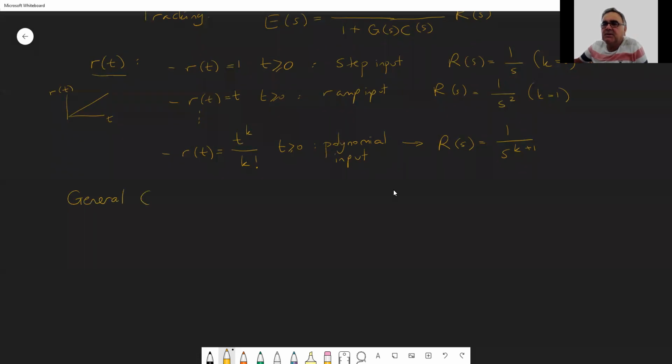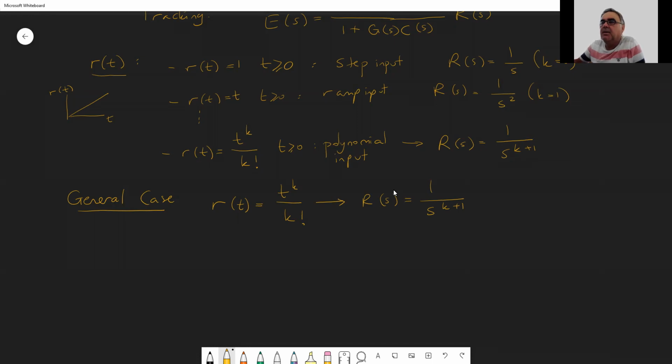So the general case is as follows. R of T, we will say, is T to the K over K factorial, which means R of S is 1 over S to the K plus 1. This includes step input, ramp input, all kinds of polynomial inputs.